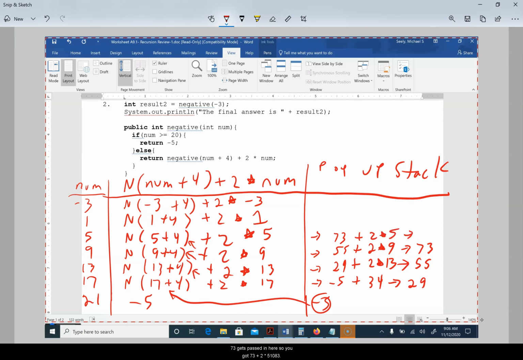And that gives us 83. 83 gets passed into there, so then we got 83 plus 2 times 1 is 85. 85 gets passed into here, so then we got 85 plus 2 times -3, which is 79. Final answer. Okay.